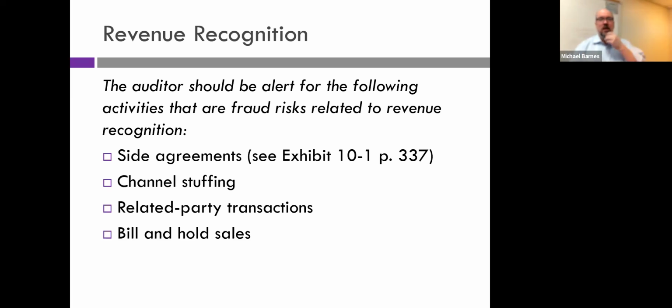Bill and hold sales were pretty common around the same time channel stuffing was really popular. Bill and hold sales basically say that we know that a contract with a customer exists. Say we have a contract with a customer that buys the same amount of merchandise every single month. I'm at the end of December, and I'm really short on my sales goal, and I see that I've got a customer that's going to be buying something on January 10th.